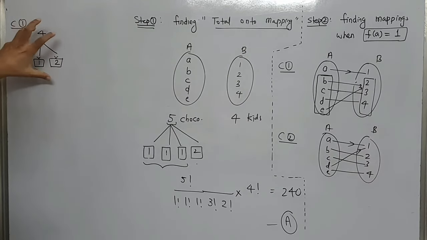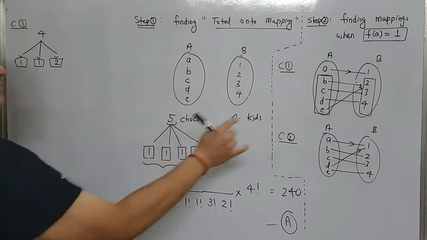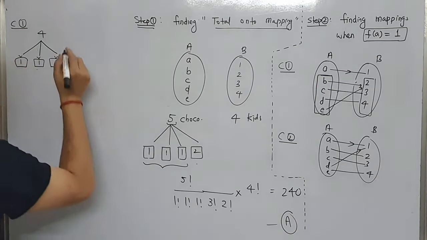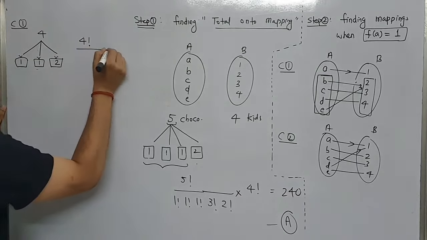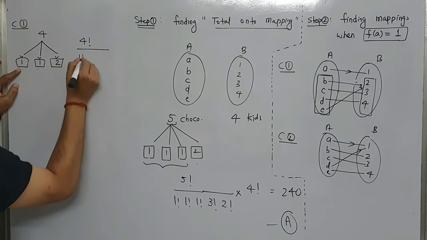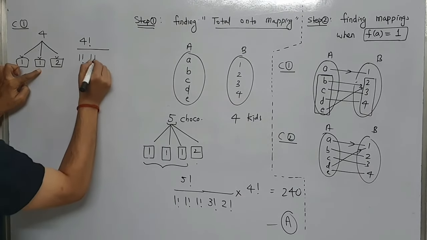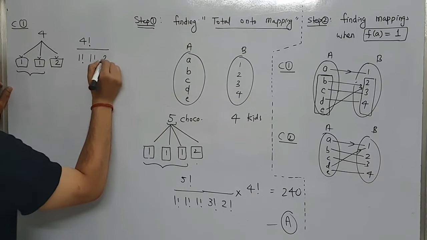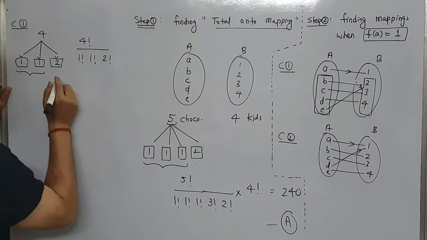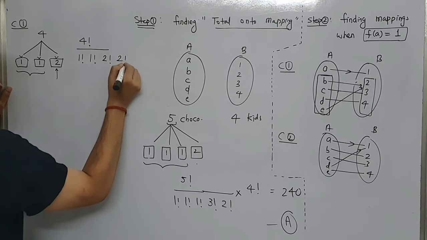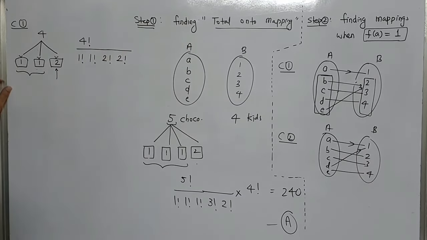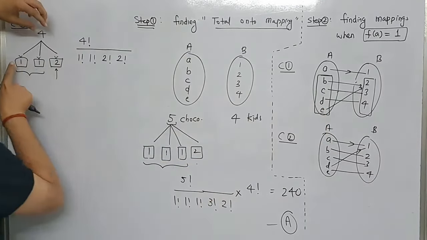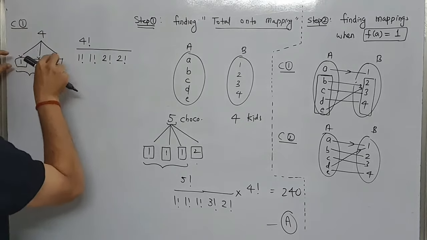Now this division of 4 chocolates, B, C, D, E, into 3 gift packs can be done in 4 factorial divided by 1 factorial for this into 1 factorial for this. Since this is repeated 2 times, therefore 2 factorial for the repetition and 2 factorial for this. So this is the number of ways of dividing these 4 chocolates B, C, D, E into 3 different packets.